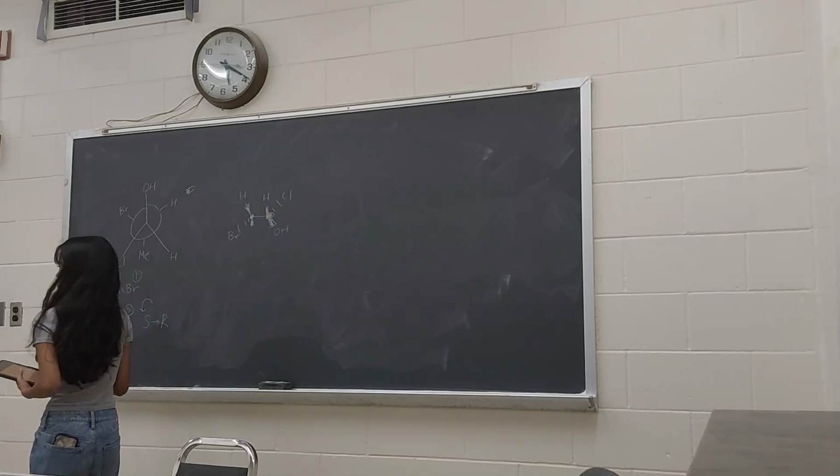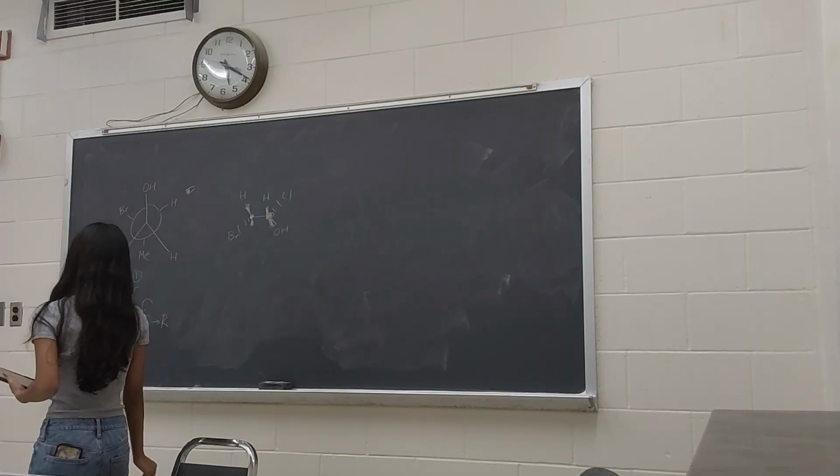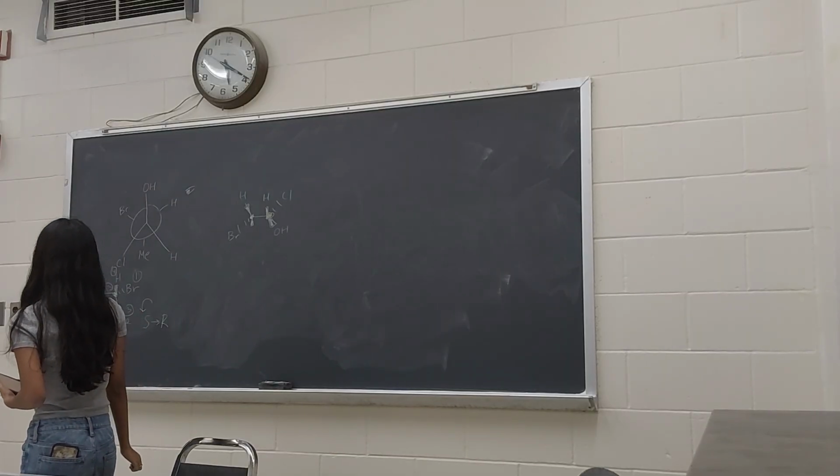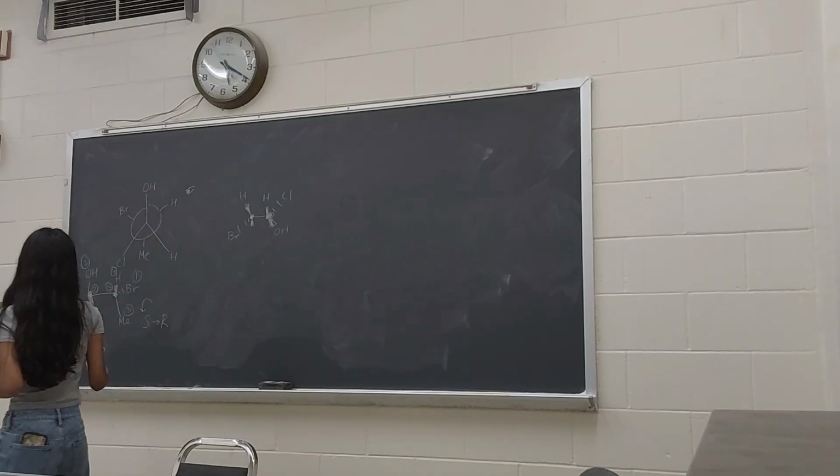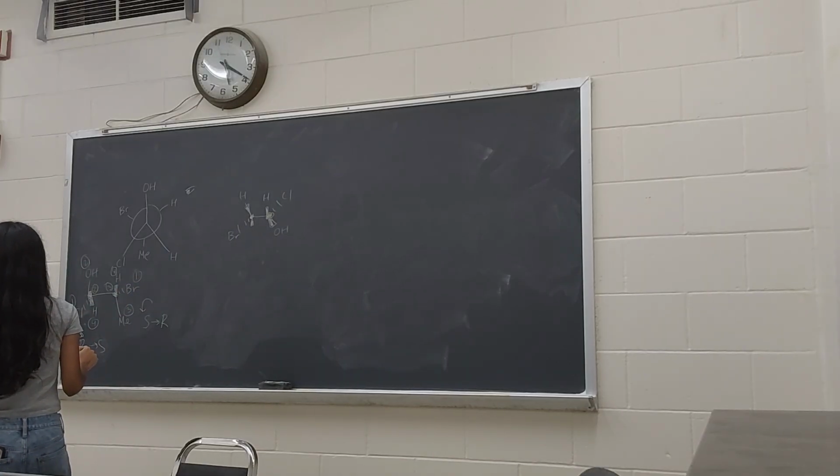For that one, when you draw it this way, hydrogen should still be on dash. If hydrogen's on any one of those three, it's always facing away from you, so you can trust your numbers, you don't have to reverse it.